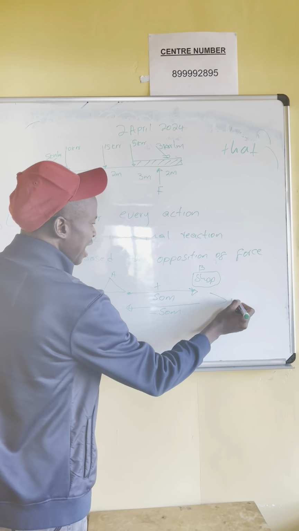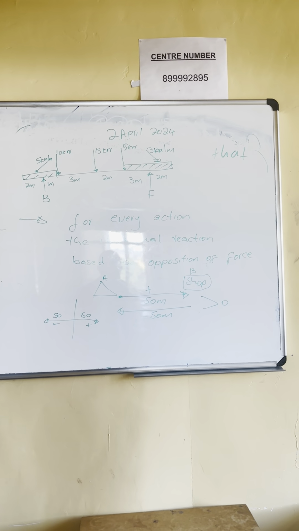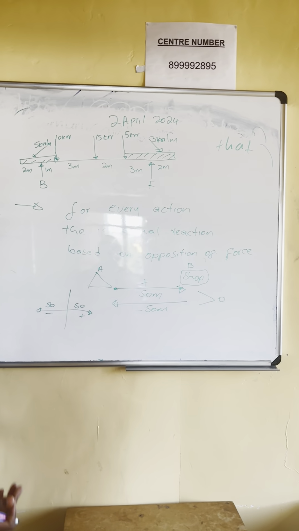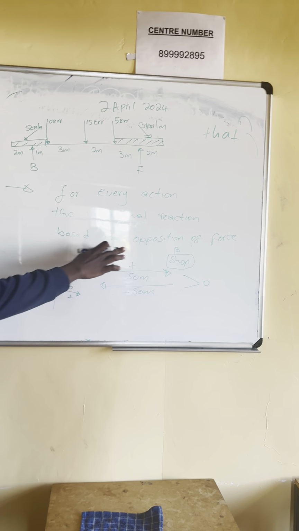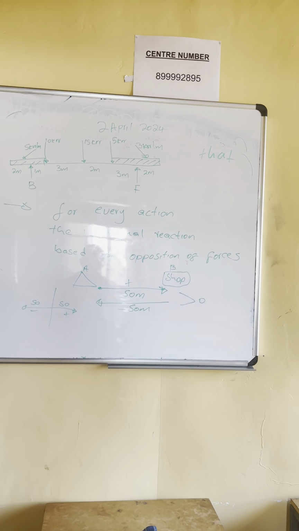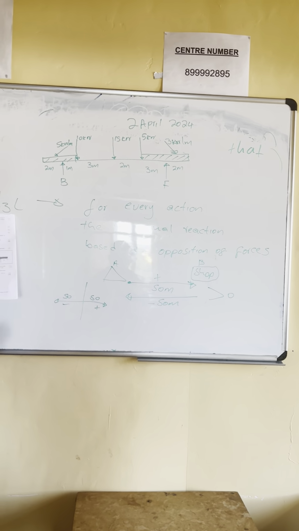The reaction there is equal, but in opposite direction. For every action, there is an equal reaction, based on the opposition of forces. Now, coming back to the beam, they say we should use Newton's third law.